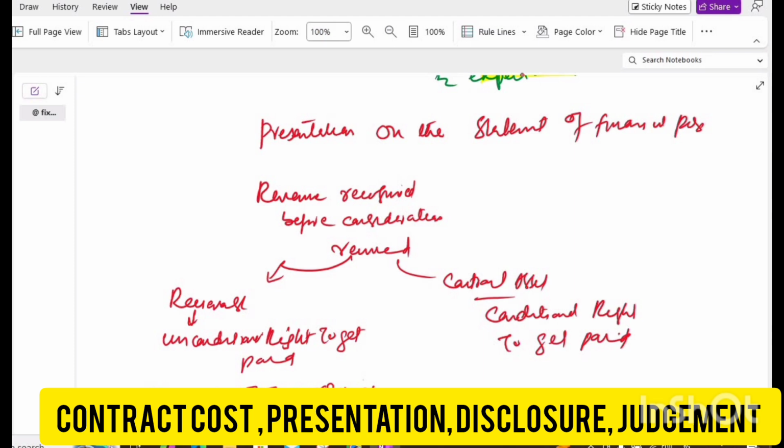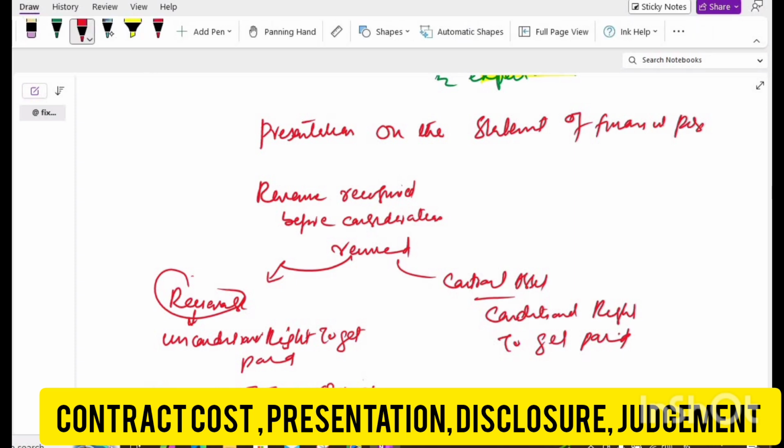What we mean by this is always simple. When you are recognizing revenue before the payment, it means the company has earned the revenue but hasn't been paid yet, so it needs to recognize what it is owed in its financial statements.